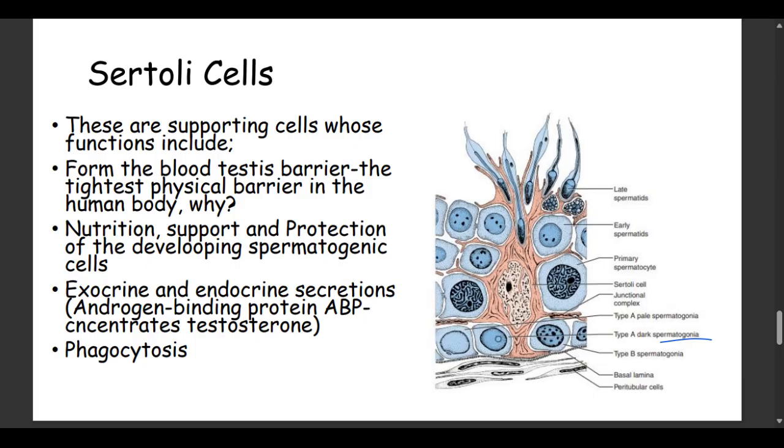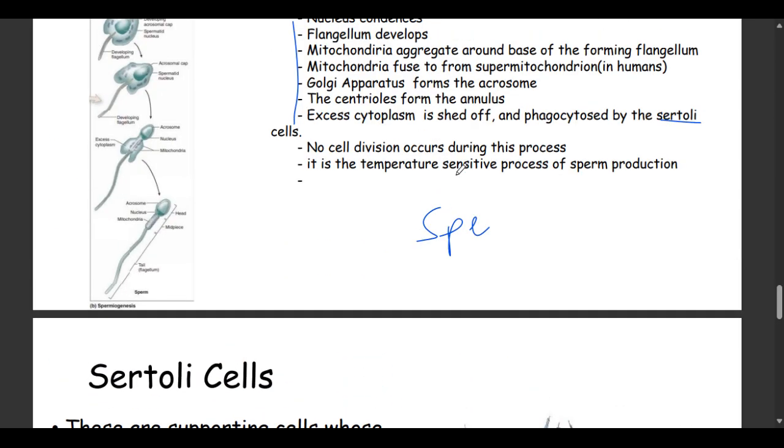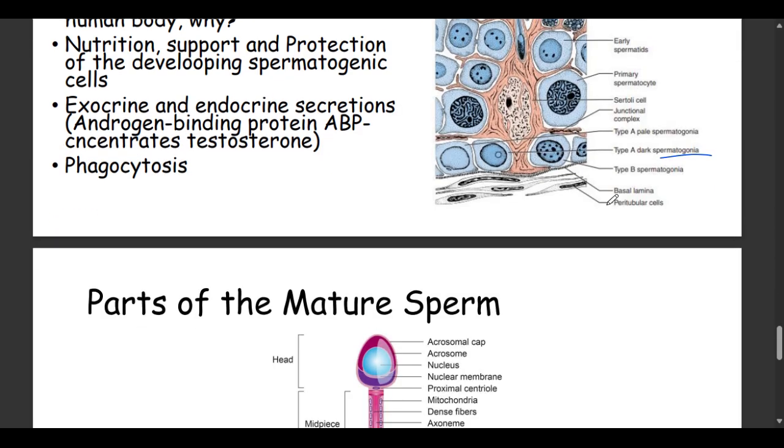The other function is exocrine and endocrine secretions, which are androgen binding proteins (ABP), and it also concentrates testosterone, aiding in the proper development of these cells. And lastly, phagocytosis. Like we said in the previous slide, the excess cytoplasm is shed off and phagocytosed by the Sertoli cells. That's one of the functions as well.